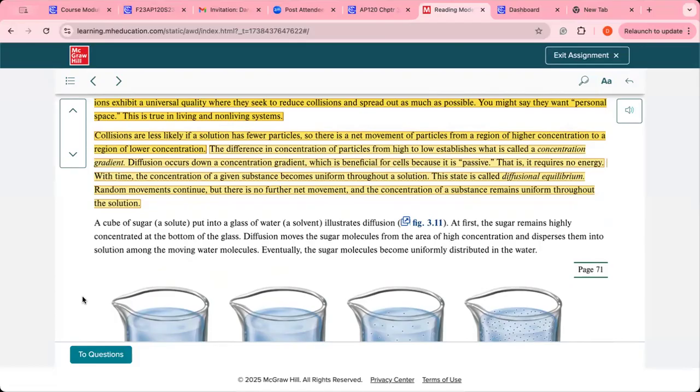With time, the concentration of a given substance becomes uniform throughout a solution. Uniform means the same. This state is called diffusional equilibrium. Random movements continue, but there's no further net movement, and the concentration of a substance remains uniform throughout the solution. So equilibrium is your answer there. Equilibrium.